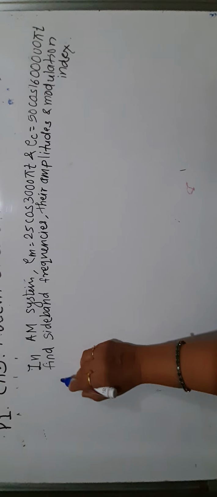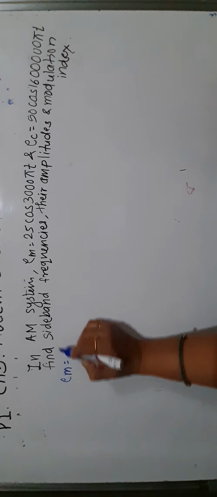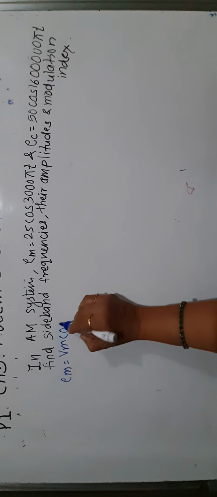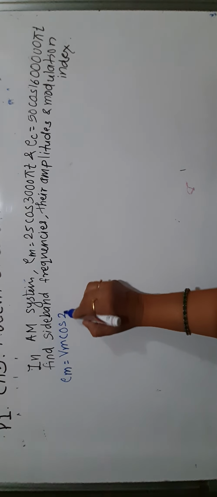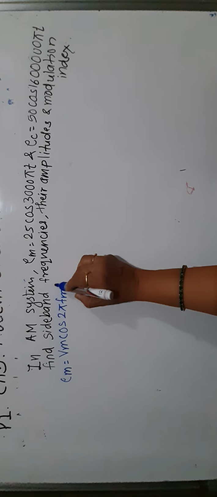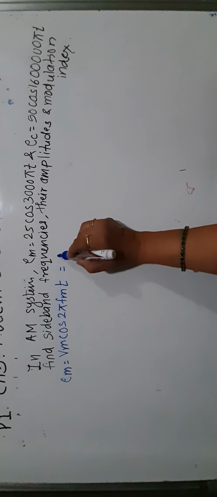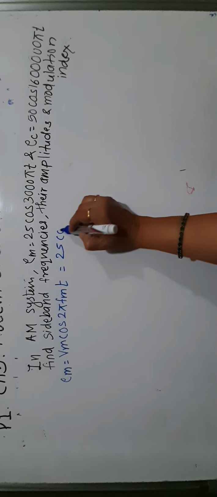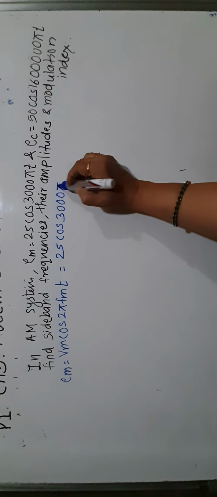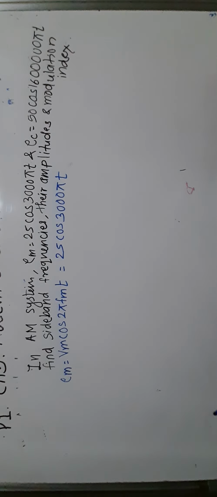So comparing this equation with EM equal to VM cos 2 pi FM t equal to 25 cos 3000 pi t.